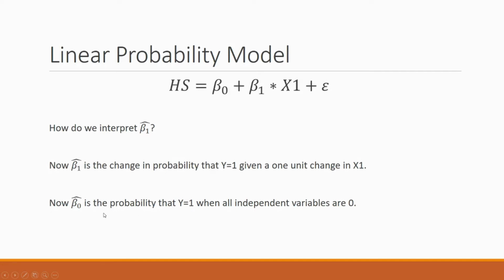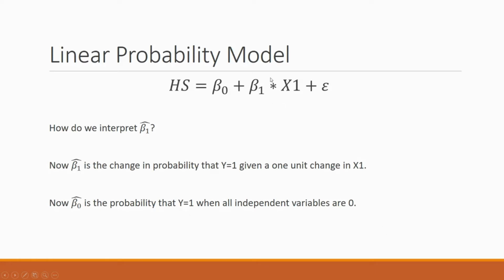So what is the probability that someone will have a high school degree if x1 equals 0? That's what beta 1 hat gives you. I'm sorry, beta 0 hat. Beta 0 hat gives you the probability that someone will have a high school degree if all the independent variables equal 0.